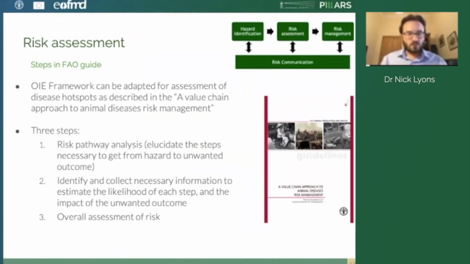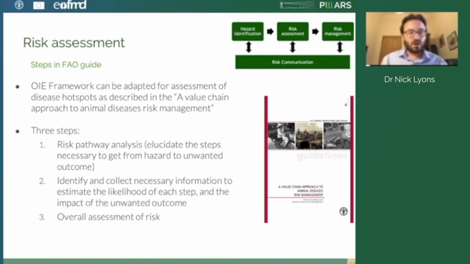So what I want to look at now is the guide that we are mainly referring to throughout this presentation. This is this guide here, and there's a link at the end of the presentation. This is a guide that provides a way of using the OIE risk analysis framework adapted to animal disease risk management, thinking in particular about endemic settings and things like foot and mouth disease or avian influenza.